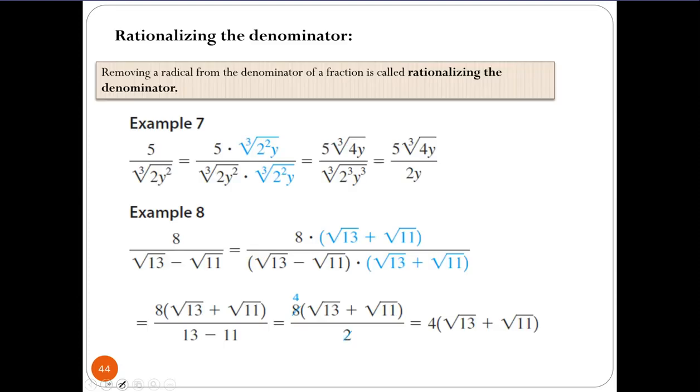If we have, for example, 2 over radical 3x. Rationalize, here we need to multiply with the conjugate. What's the meaning of conjugate? If we have square roots، اللي هو الجذر التربيعي، فنضرب المقام في نفسه radical 3x والبسط في radical 3x.